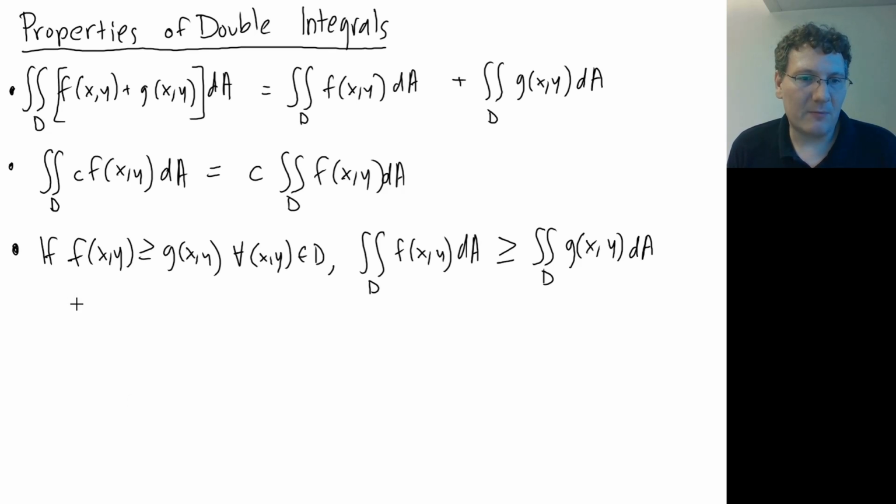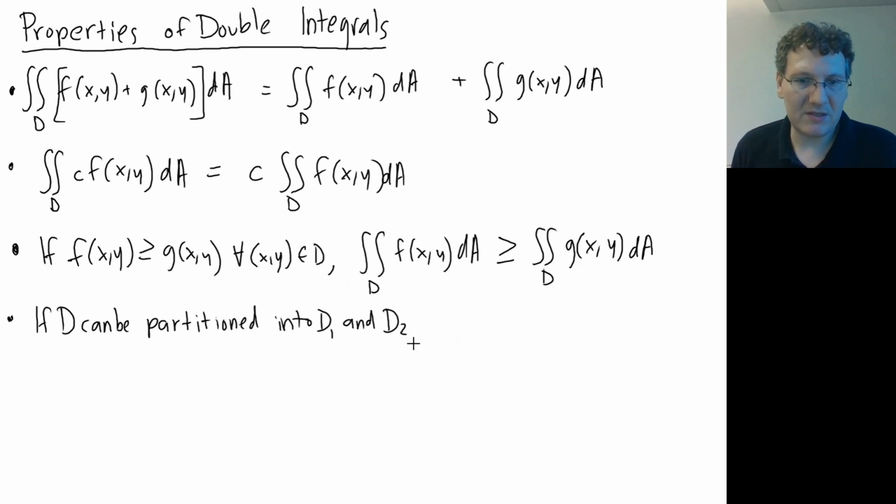Next, if we know that the function f is always greater than or equal to g for any points in this region D, then the integral over D of f will be greater than or equal to the integral over D of the function g.